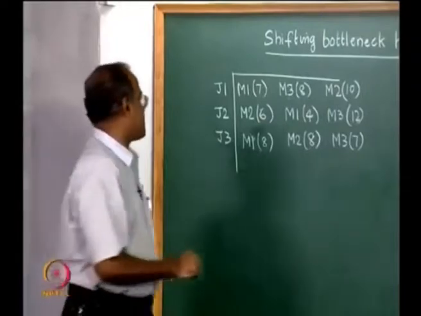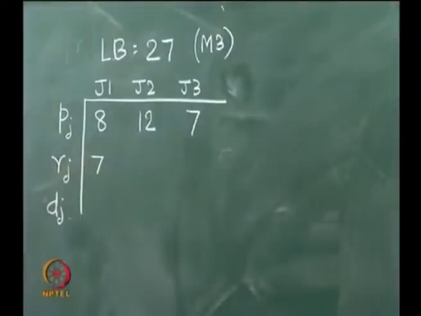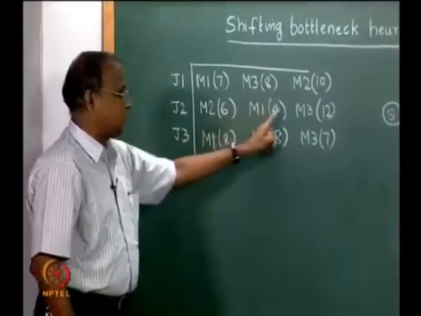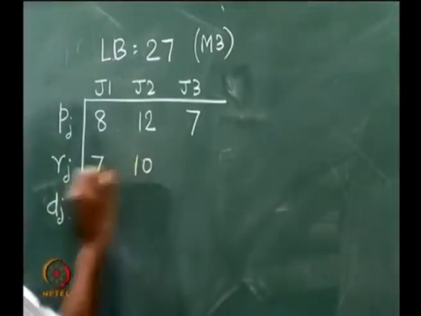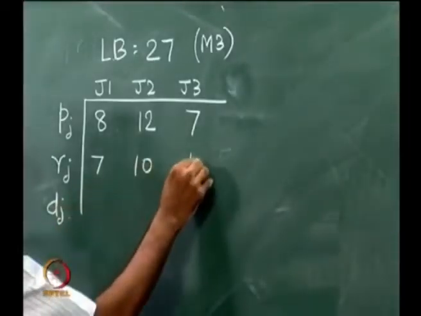So, earliest release time for J1 on M3 is 7. Earliest release time for J2 on M3 is 10, 6 plus 4, and earliest for J3 is again 8 plus 8, which is 16.